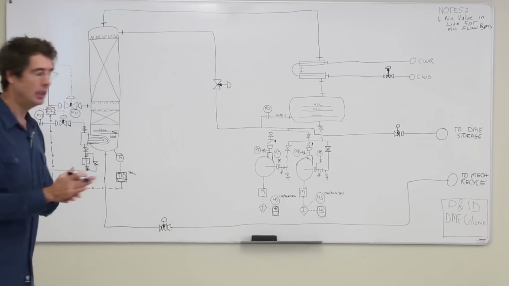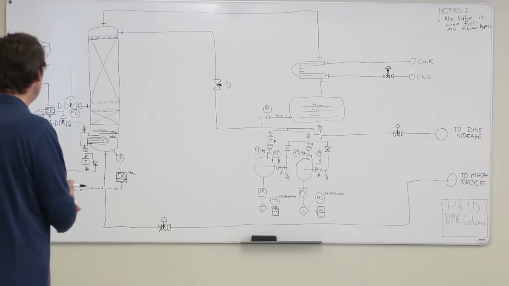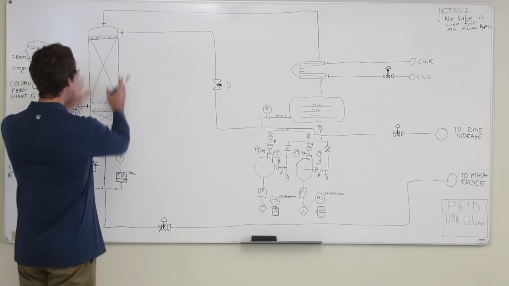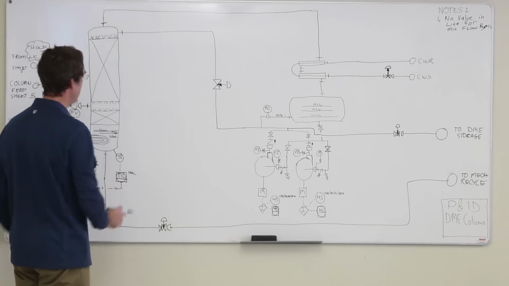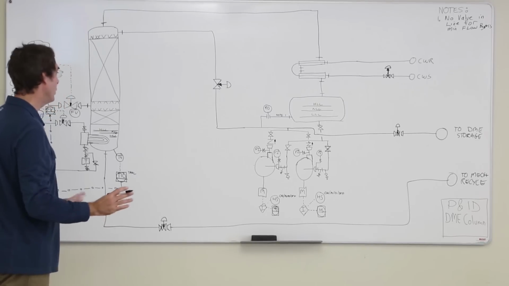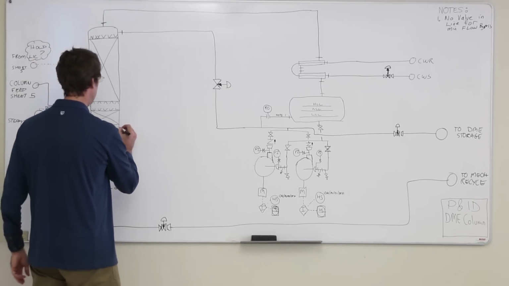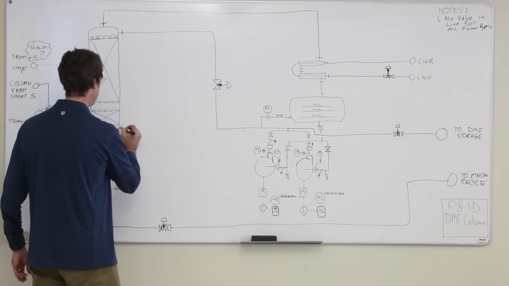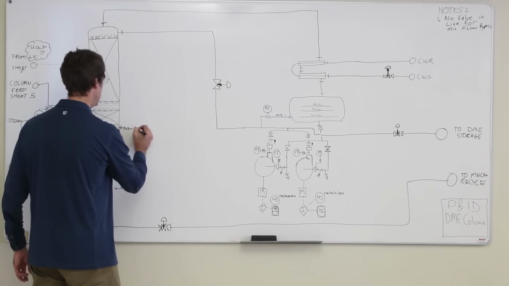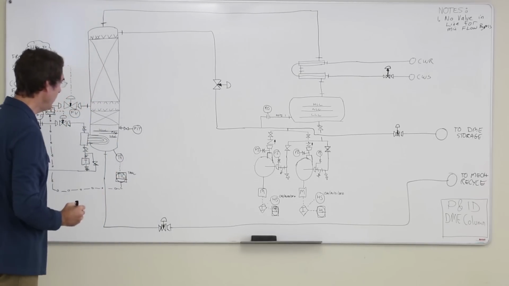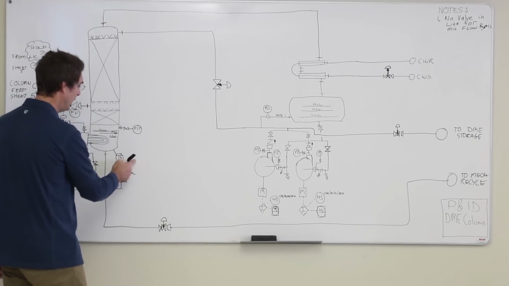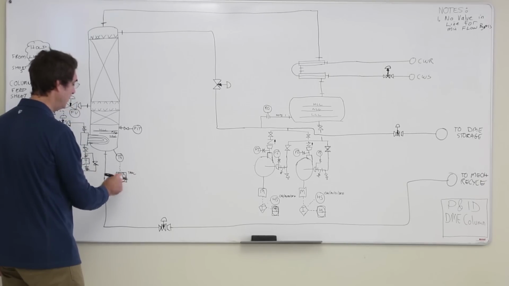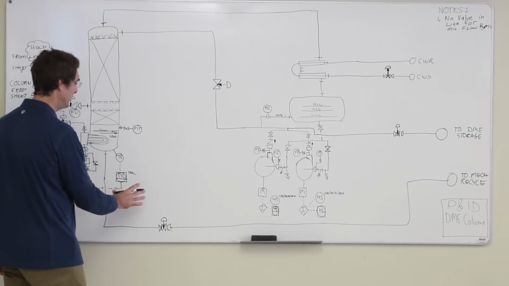The only thing that we could consider here is if there's likely to be much variation in the pressure in the bottom of the tower. I don't think there will be, but one added level of complexity that we could do here is put a pressure transmitter at the bottom of the tower, and send that pressure transmitter down into the composition control.